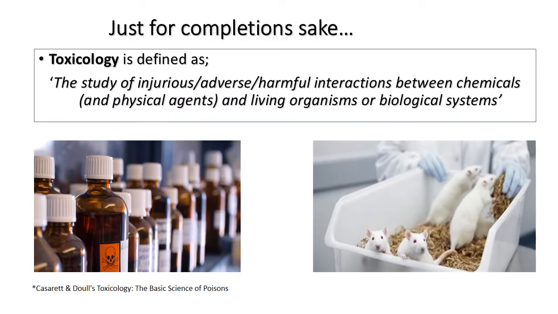For completeness' sake, so that you can get an actual definition, toxicology, according to Casarett and Doull, is defined as the study of injurious or adverse or harmful interactions between chemicals and physical agents. In this case, by physical agents we are talking about radiation, and living organisms or biological systems. That's how broad toxicology is.